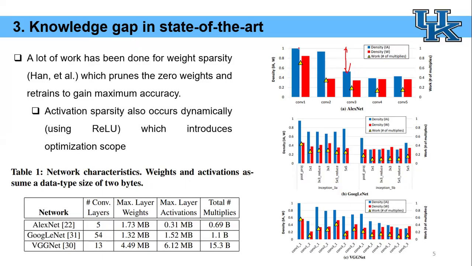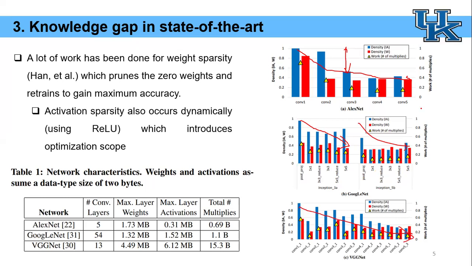So as the model deepens, both IA and W, the input activation and the weights, become more sparse. That means we have more zero values, which we do not need for multiplication and addition. The same follows for the GoogleNet inception modules, and as well as for VGGNet.